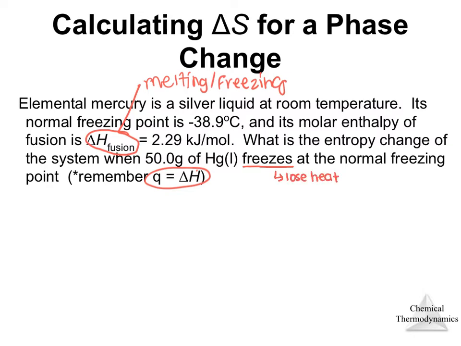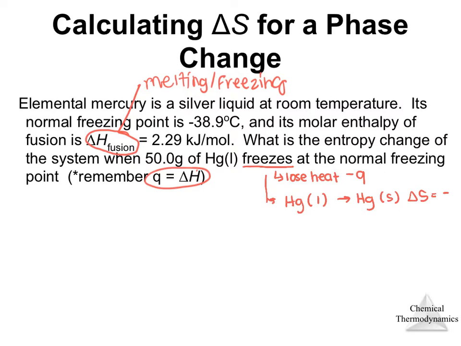So that means that it is going to be a negative Q value. That freezing also tells me that I'm going from liquid at room temperature to solid after it's frozen, which gives me a guess that my entropy should be negative, if this is what's happening.